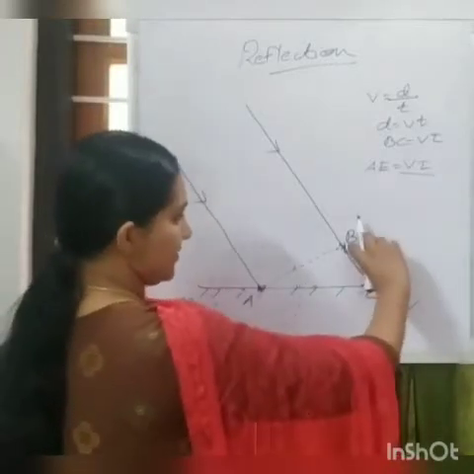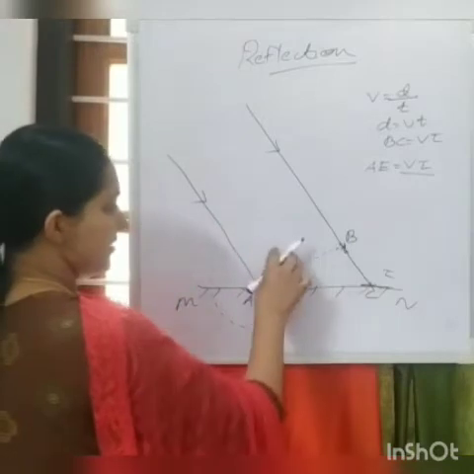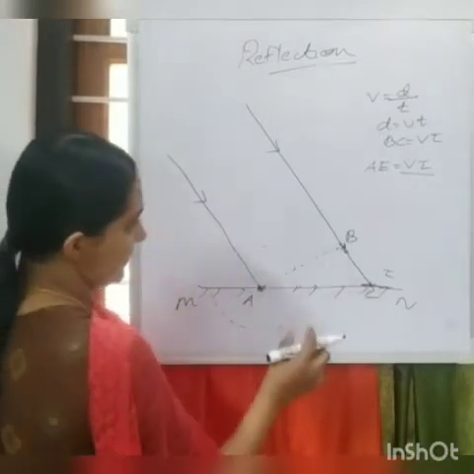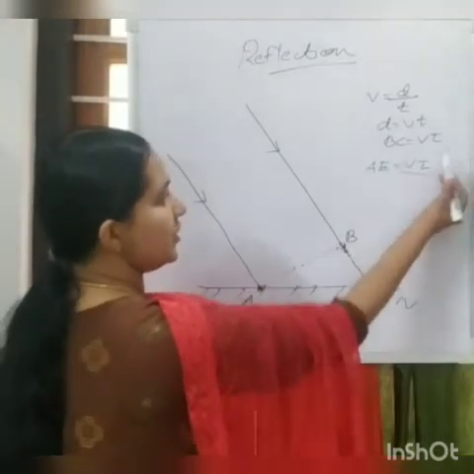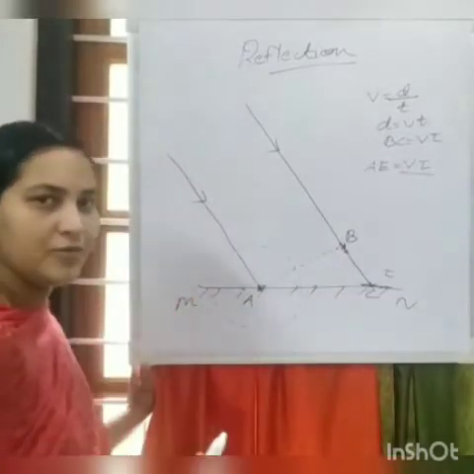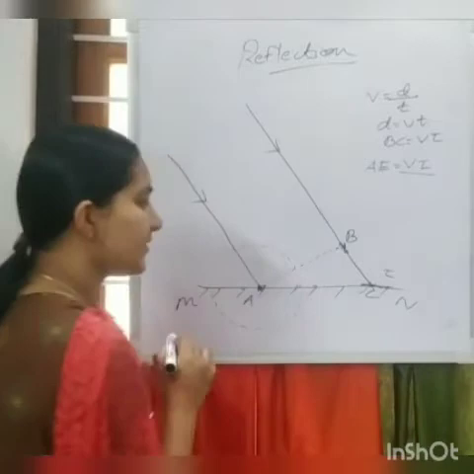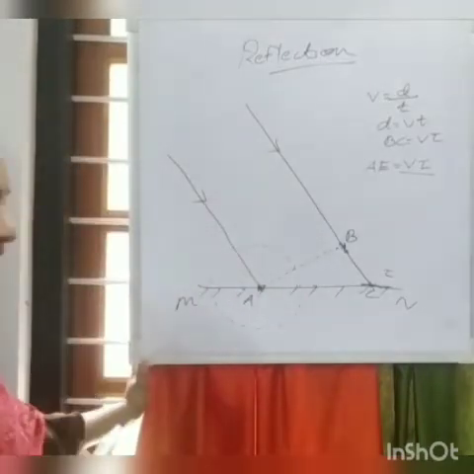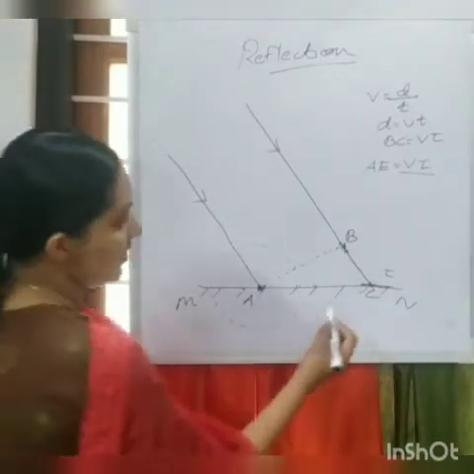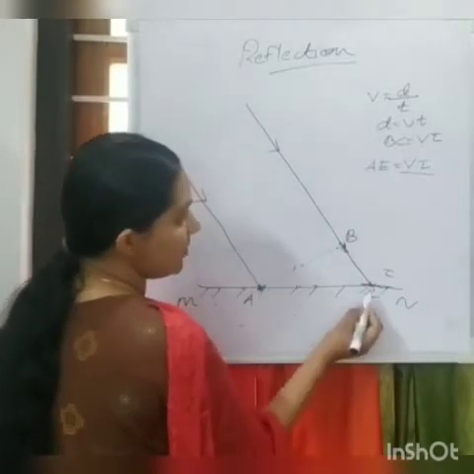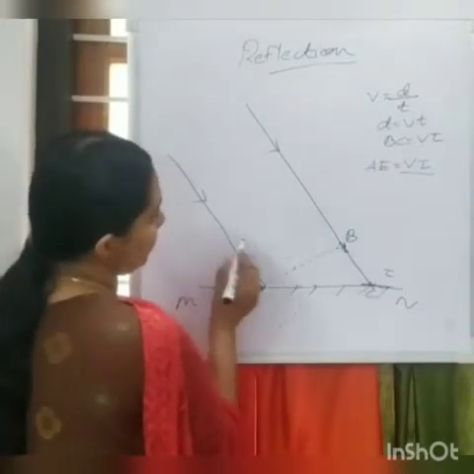This radius and this distance will be the same, because BC is V tau, AE is also V tau. Okay. Now we got the circle like this, and in order to get the new direction, we will draw a tangent from C to this circle.